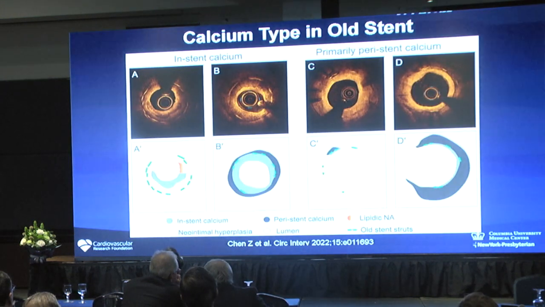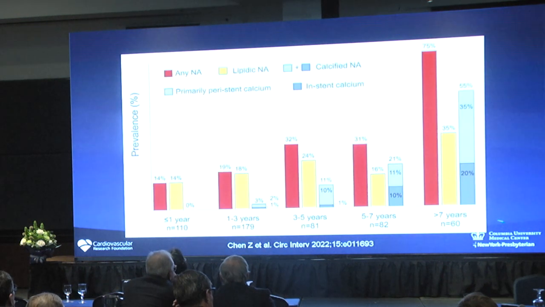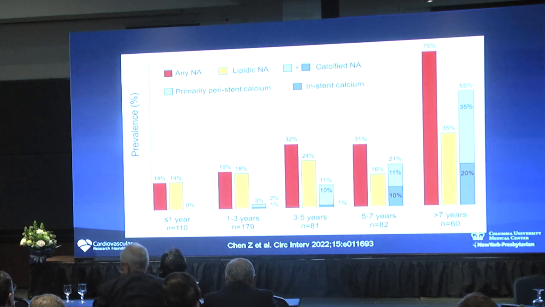Okay, that's 1 minute. So if I'm talking about IVUS, we published an OCT study to differentiate the calcium in the in-stent calcium as well as the peri-stent calcium. When we look into in-stent stenosis lesions, peri-stent calcium appears early, like 3 years, but in-stent calcium appears about 5 years later.